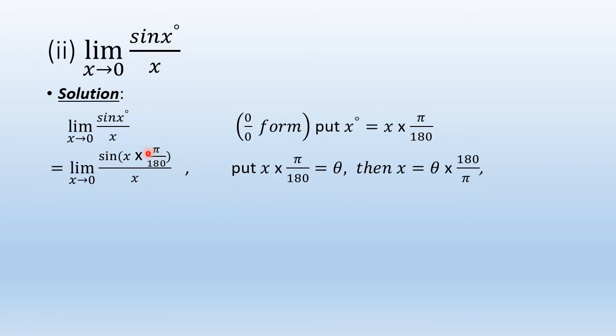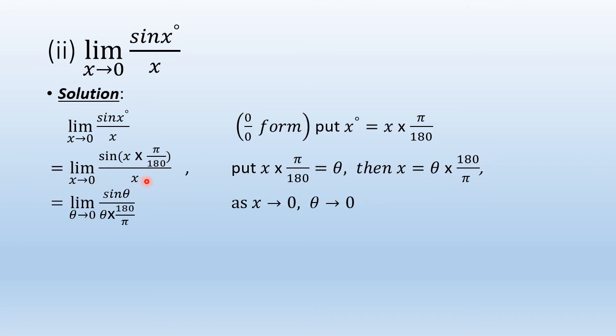Now we are going to make some substitution. Put x into pi by 180 equal to theta. Then x becomes theta into 180 divided by pi. And we observe as x tends to 0, theta also tends to 0.